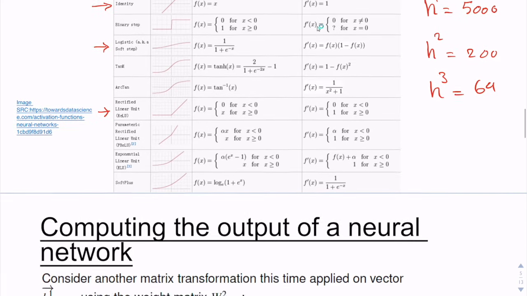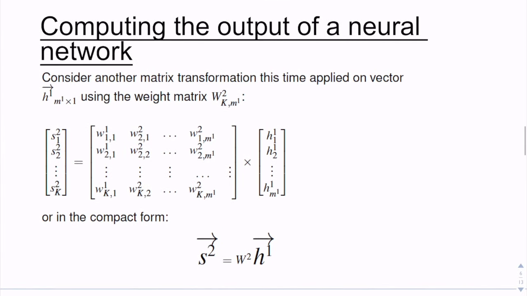Then after this first transformation, we want to compute the output. Computing the output of a neural network, knowing that the outputs are some sort of unit vectors because we use one-hot encoding, is slightly different from hidden layers. So let's say so far we computed the output of the first hidden unit.